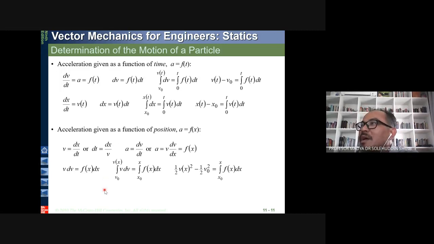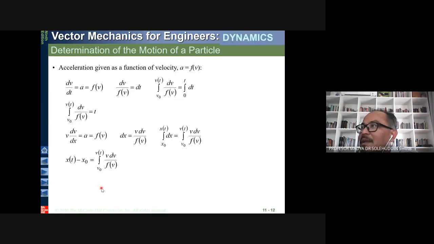And then we move to the third type of motion of a particle, which is acceleration as a function of velocity. All right, acceleration as a function of velocity.